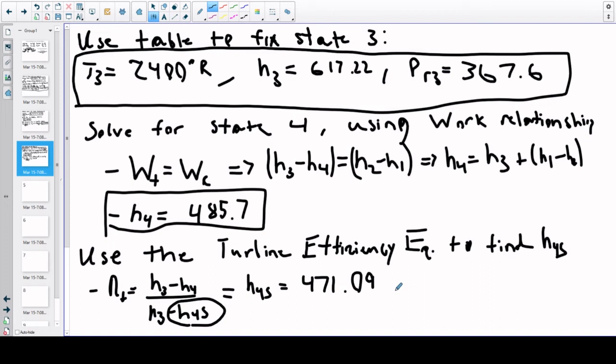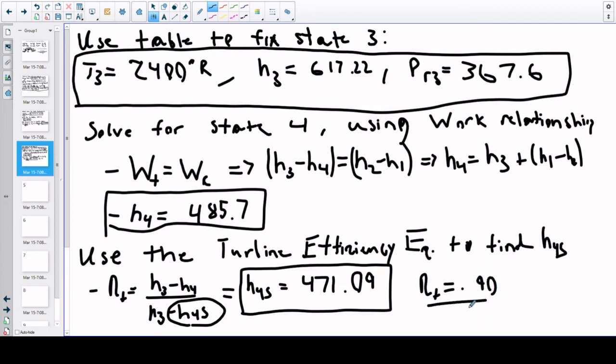And so we find that H4s, with an efficiency of 90% for the turbine, you get 471.09. I think I end up writing that in a second. Yeah, I do. I'm very generous. Man, write it. Have you waiting all day.